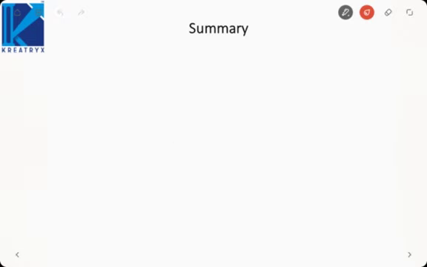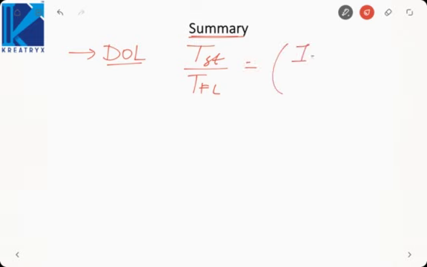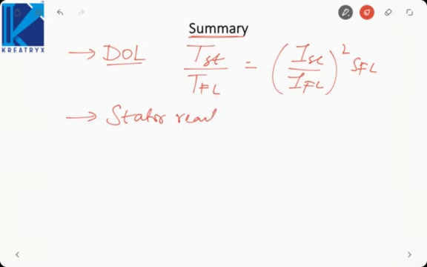So let us summarize what we have learnt in this lecture. We first saw direct online starting. Here we saw starting torque by full load torque is I short circuit by I full load square S full load. Then we saw stator reactance. Here it was X square times ISC by I full load square S full load.